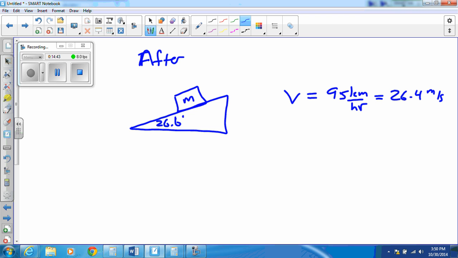Because the car is moving faster than the banked speed, that means it's going to have a tendency to slide off the roadway, in other words, up the curve. And as a result, there's going to be a force of friction that will keep it moving in a circle. In other words, the force of friction is going to be like so. At this time, what I'd like for you to do is to pause the tape and create a free body diagram showing the forces acting on the car.